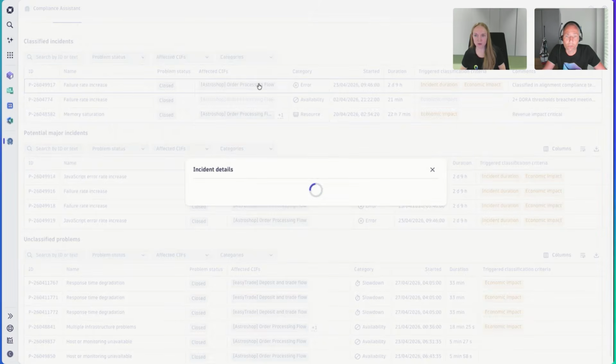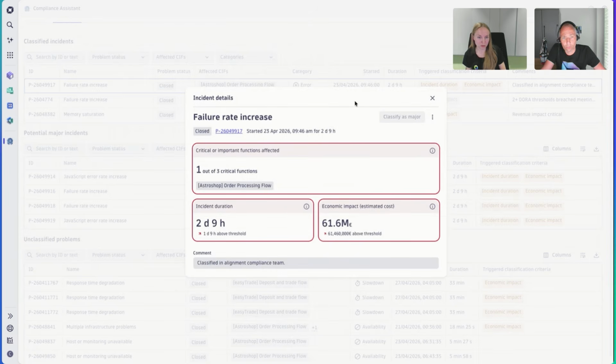We can see it now in the classified incidents table. And if we open it, of course, it won't be possible to classify it anymore, but the comment is there, frozen together with all the other core insights as evidence, also for transparency and auditing purposes, as this is a key part of compliance as well.